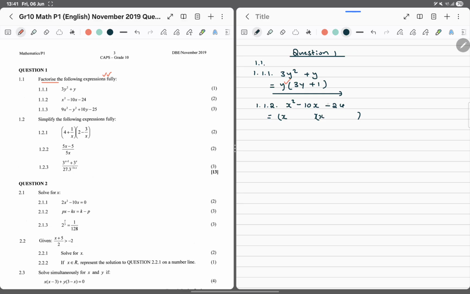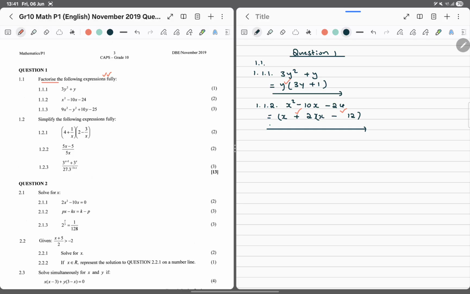What are the factors of 24 that we subtract and give us 10? So it's going to be 12 and 2. This minus 12 plus 2, right? Can we factorize further than this? The answer is no. Alright, so we get a mark for each of the 2 binomial factors.